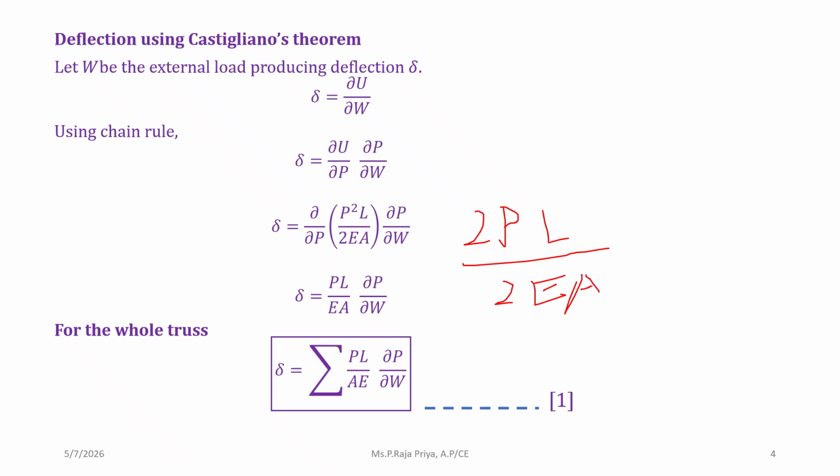This 2 and 2 will get cancelled and it will be PL by EA, and here we have dou P by dou W. This is for one member. If we want to find it for the whole truss, we have to take the summation of this deflection over all the members.